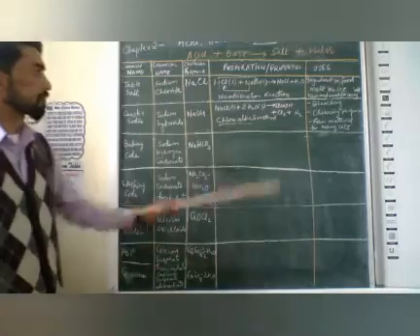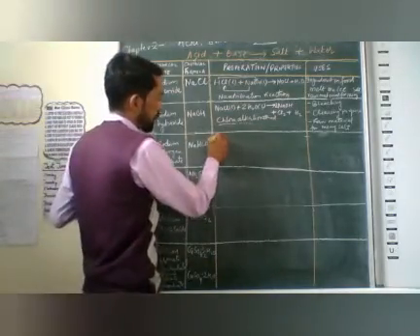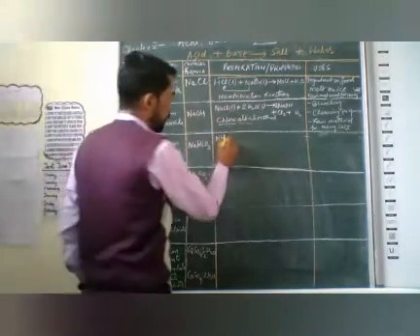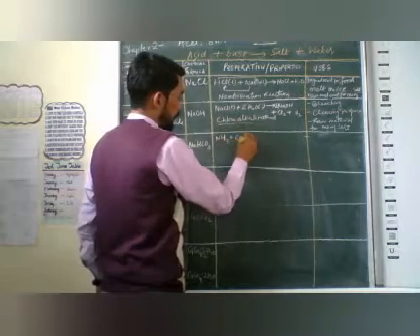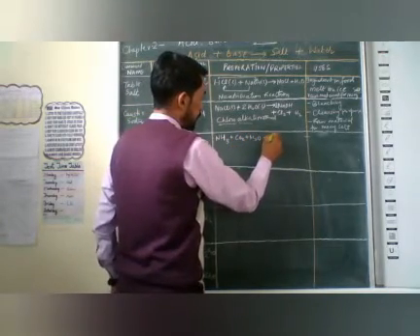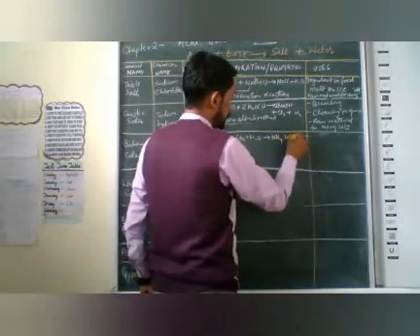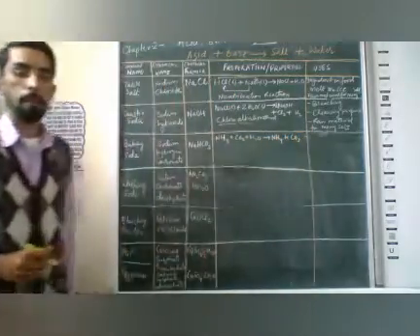After this, we have the third component, baking soda. Baking soda can be prepared in two steps. First, ammonia reacts with carbon dioxide and water. It will give NH4HCO3, which is called ammonium bicarbonate.